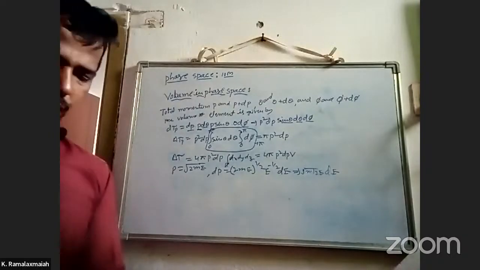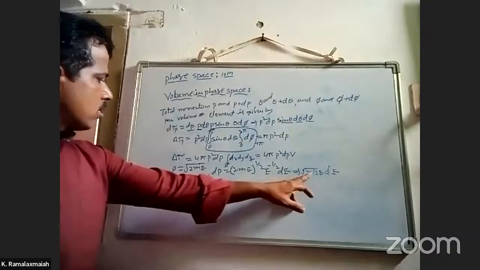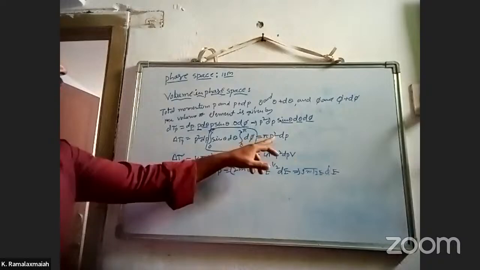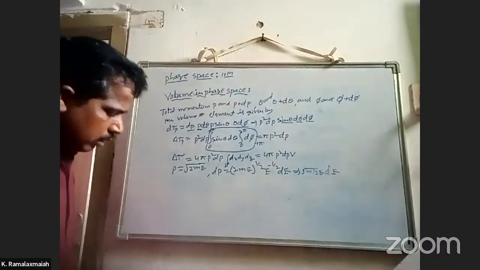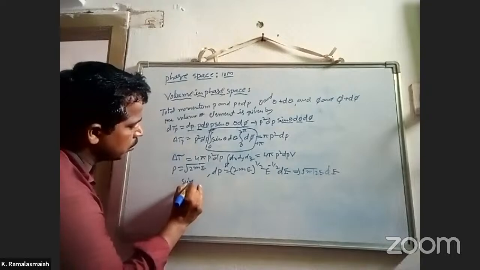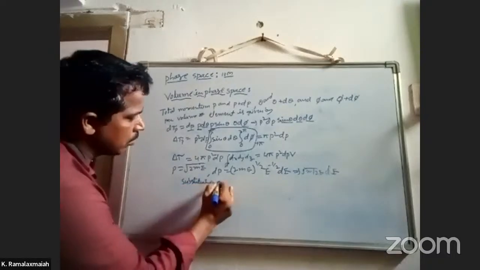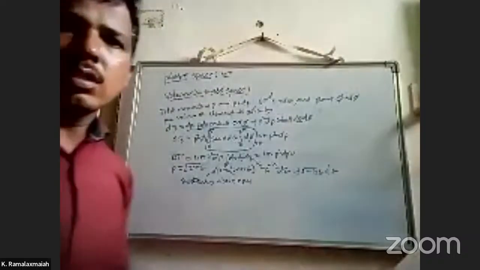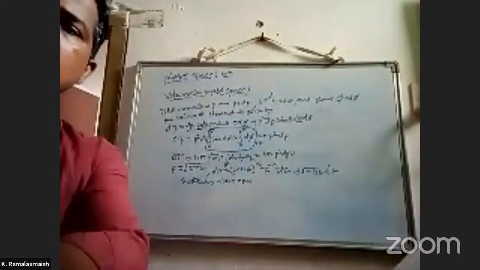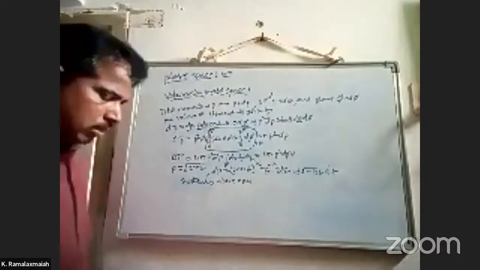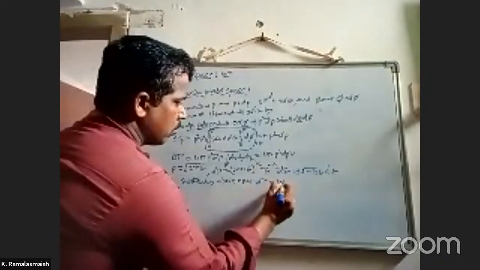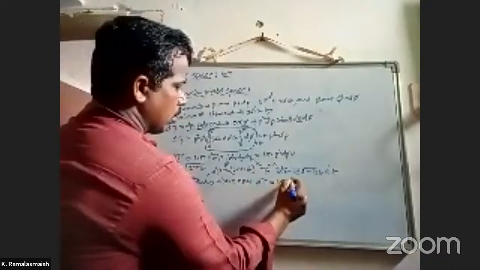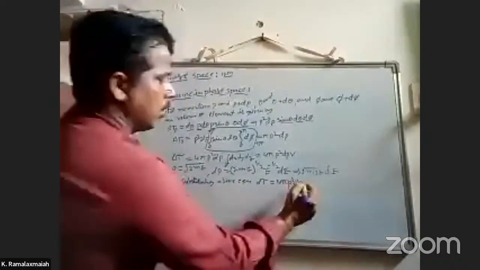Substituting this value in the above equation, d torque is equal to 4 pi p square dp into v.